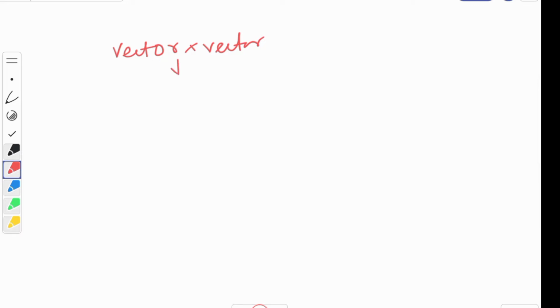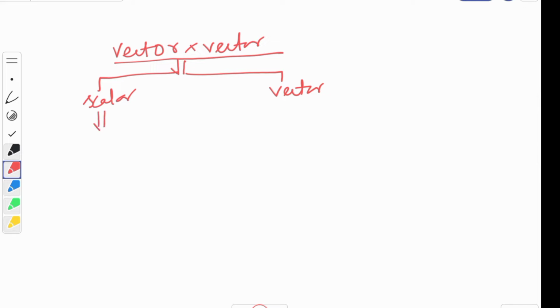The result can be a scalar, and the result can be a vector. When we get a scalar, we call this product the scalar product, or dot product.